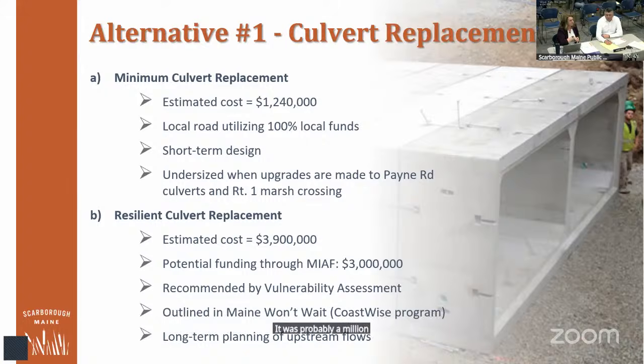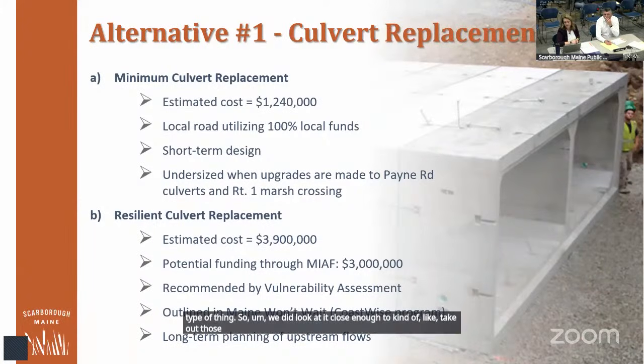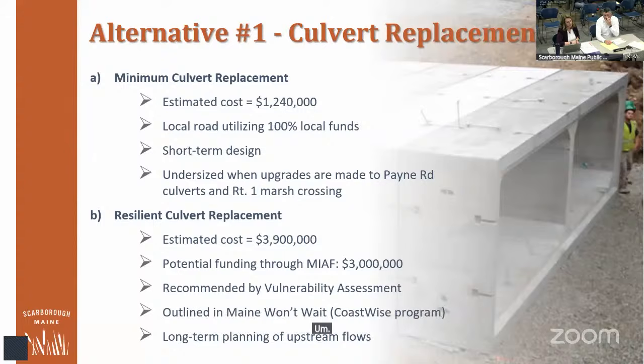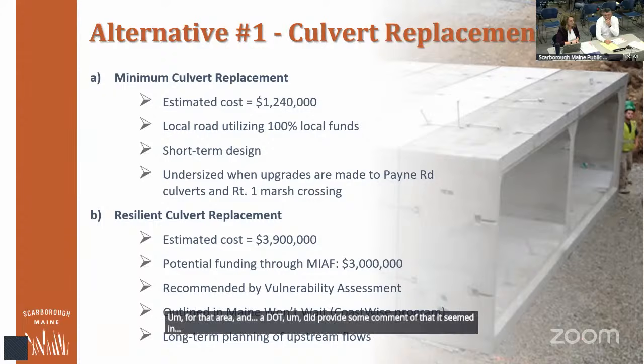We took out those nuances and ended up with an estimate or average for that area. DOT also provided comment that it seemed reasonable for this size project, so we felt comfortable moving forward with this as a budgetary estimate to present.